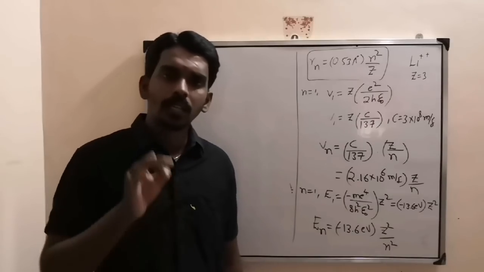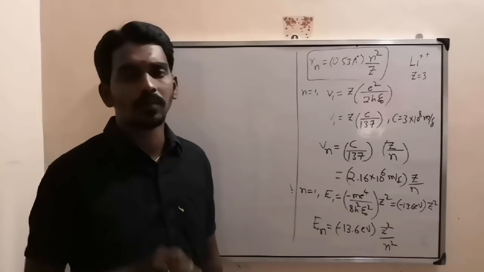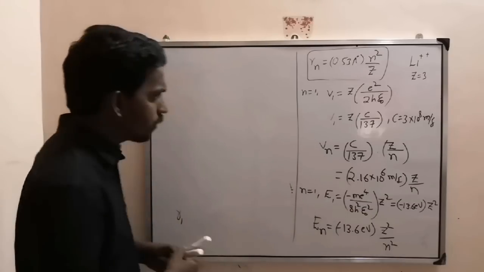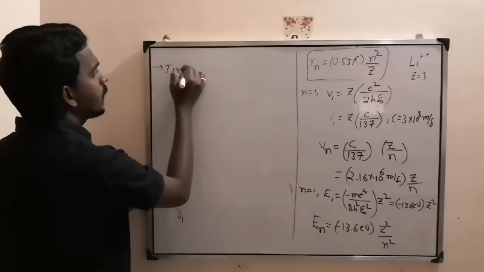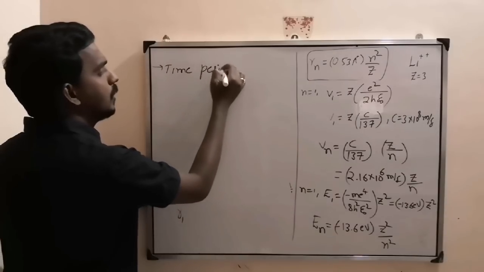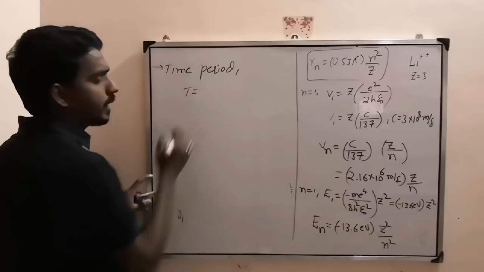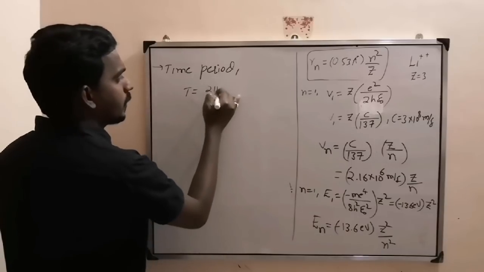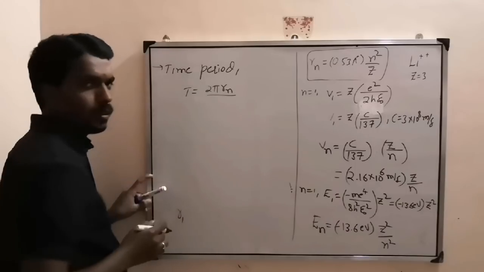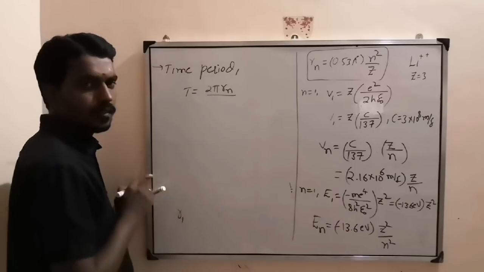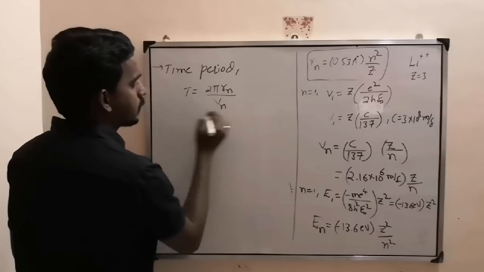Speed is constant means what kind of motion? Uniform circular motion. For every uniform circular motion, what is the time period? So what is the time period? T equal to distance by speed. Distance is 2 pi r, circumference of the circle, divided by speed.